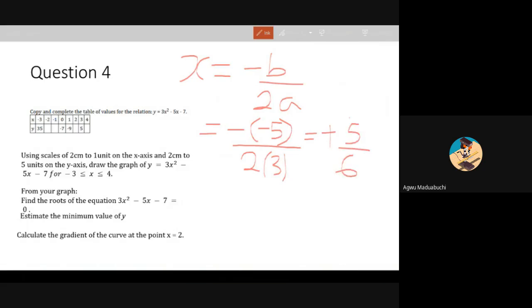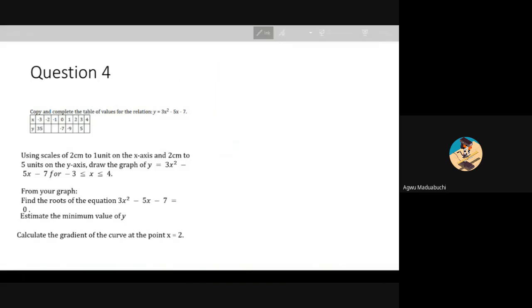What's +5 over 6? That's 0.83 or so. So at that point where x is 0.83, if you trace it, each line is 0.1. So 0.83 will be somewhere at this point, because if you count it, this is 0.8. So 0.83 should be somewhere a little bit into that.